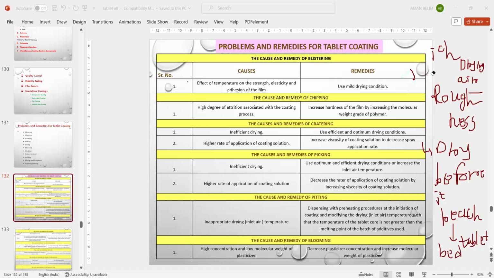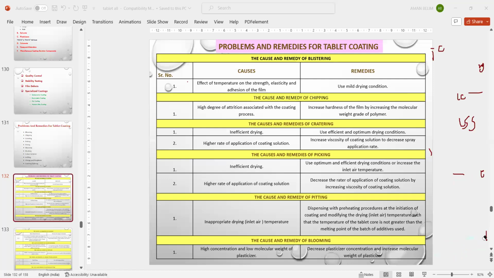So to solve this problem, the first thing we will control is the temperature of the drying air.